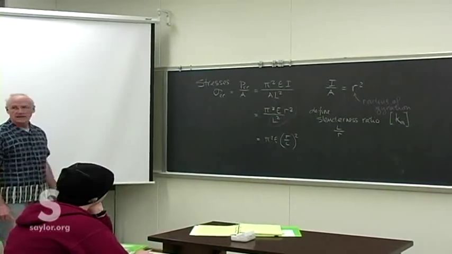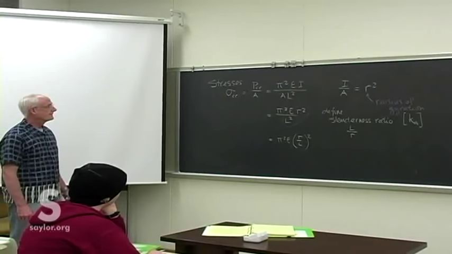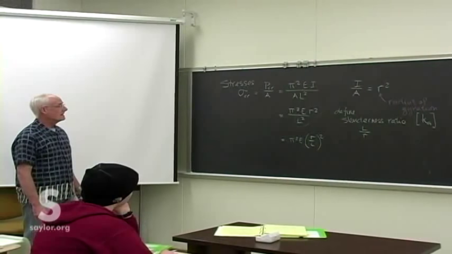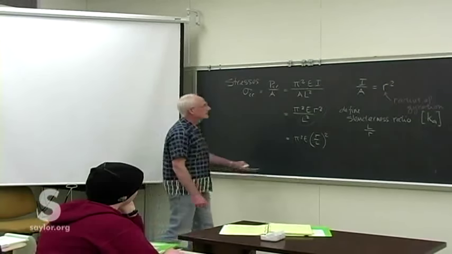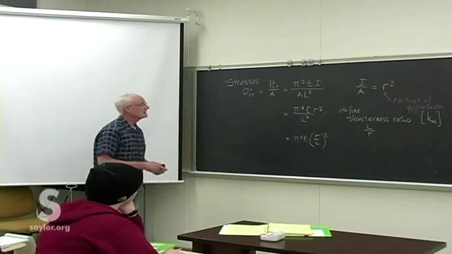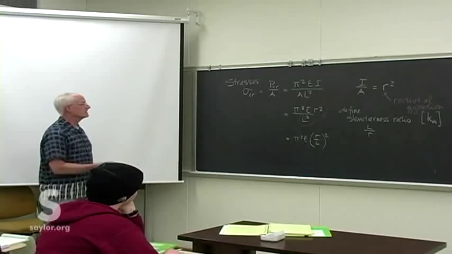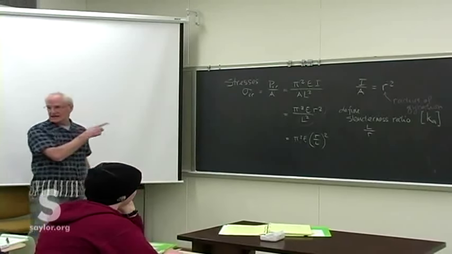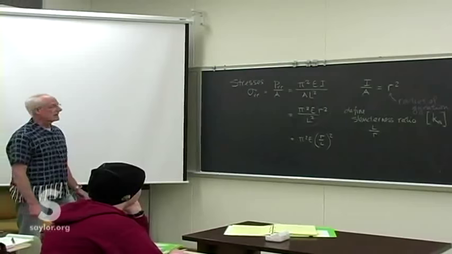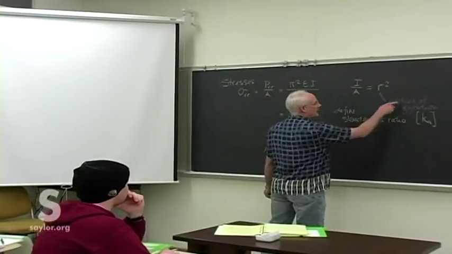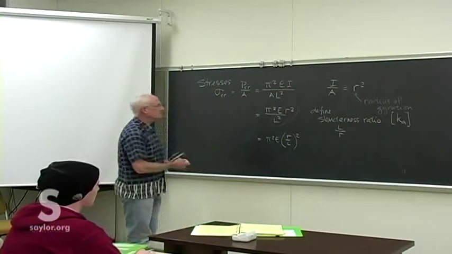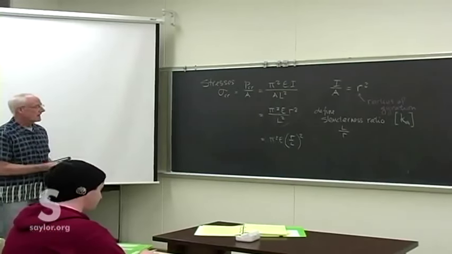So the units are different? No, they're still units. Well, yeah, they would be, because there's mass moment of inertia, this is area moment of inertia. In dynamics, we use mass moment of inertia, and actually a mass radius of gyration because of that. So they're similar, not exactly the same.